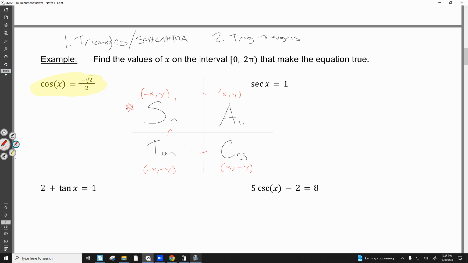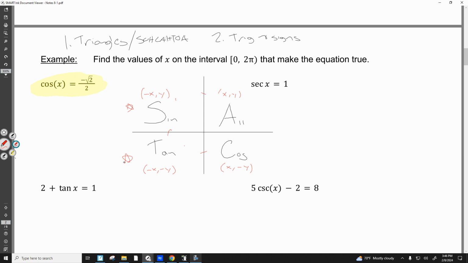This quadrant, that quadrant. Now, either that's the first thing you think about or that's the last thing you think about. It doesn't matter. Use your triangles and your knowledge of SOHCAHTOA. Understand what trig functions are positive and what trig functions are negative where. Then you'll be able to get all of your solutions, whether they're 1 or 2 or none sometimes.